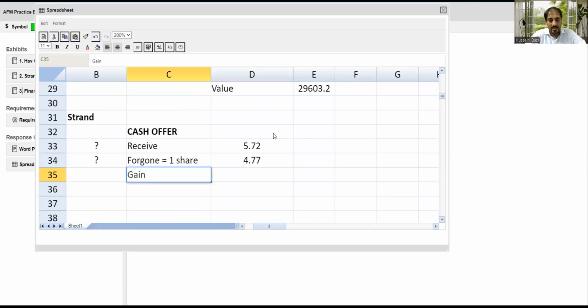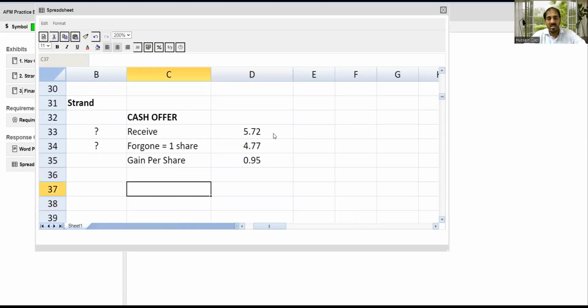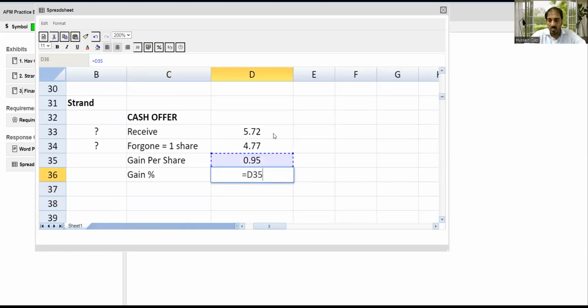So gain per share is equal to 5.72 minus 4.77, which is 0.95. Gain percentage is equal to 0.95 divided by 4.77. That is almost 20%, or 19.8%.